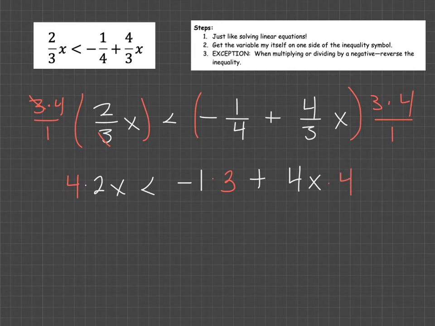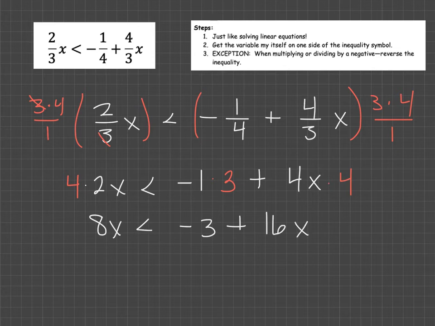The 3's cancel out. So let's go through and simplify that. So 4 times 2, we get 8x, less than negative 1 times 3 is a negative 3, and then 4 times x times 4, 4 times 4, we get 16x.